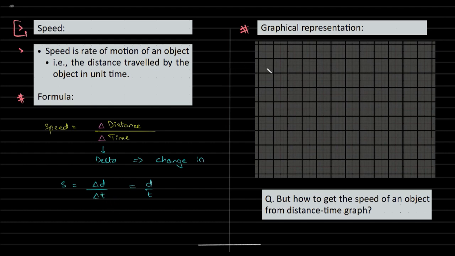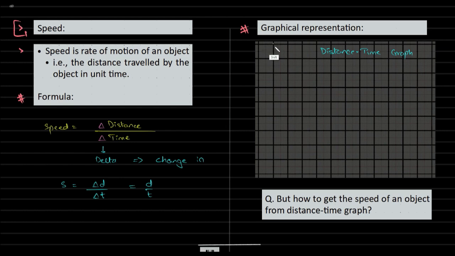Graphically, how can we represent speed? One of the ways is using distance time graph. So it is this.